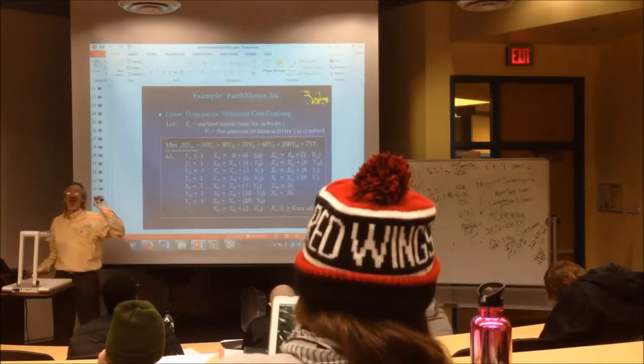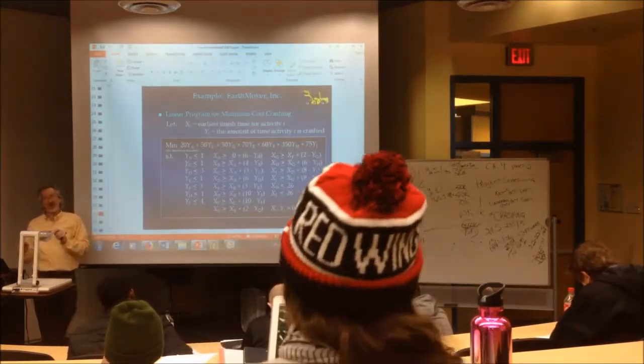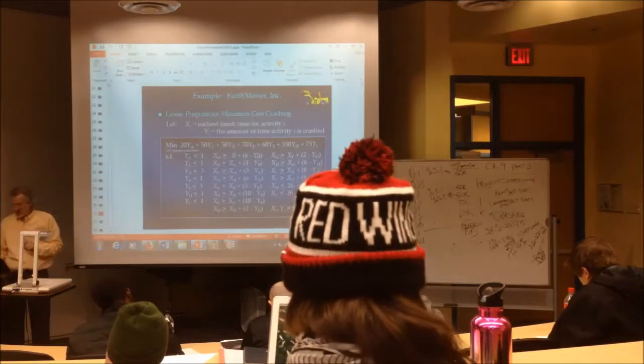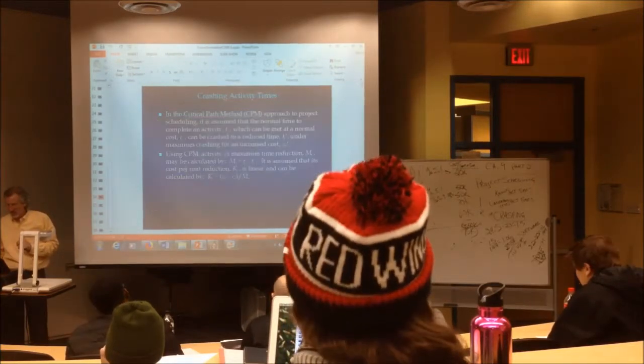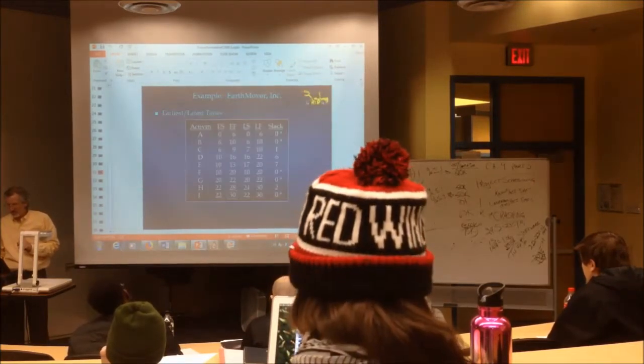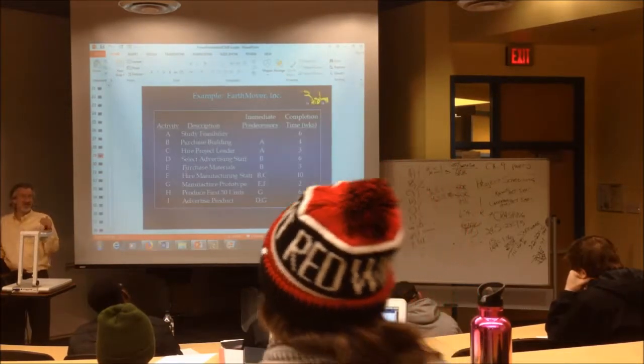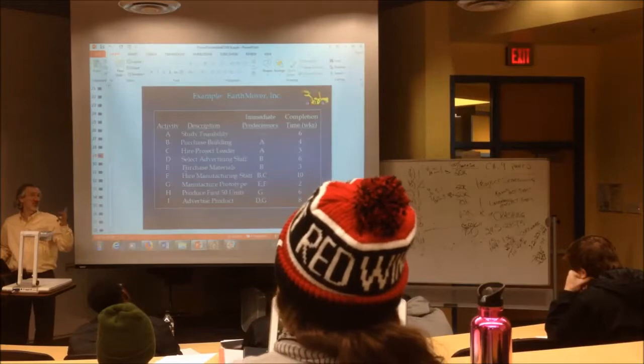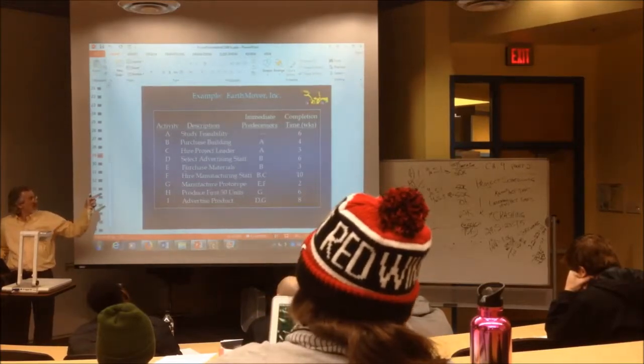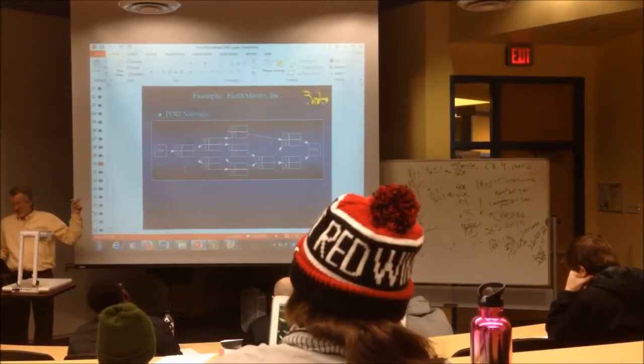But here are your activity constraints. The key to this is you either have to look at this, because writing these activity constraints is all about what precedes it, so you either look at that to see what precedes it, or this.